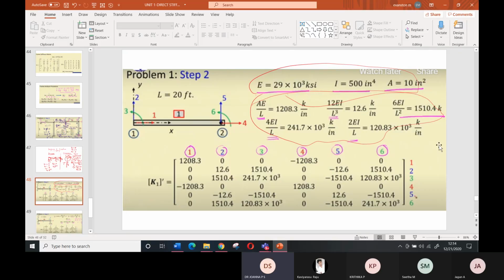Have you noted this one? Then we have to note down the stiffness matrix.